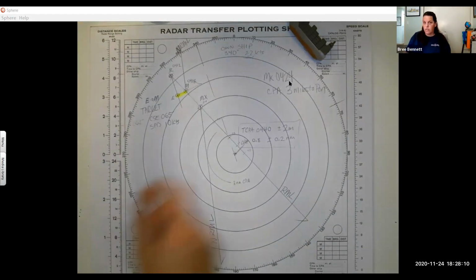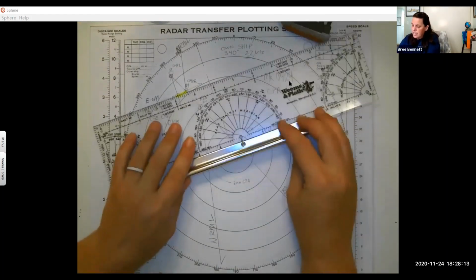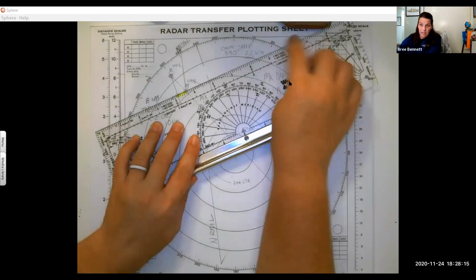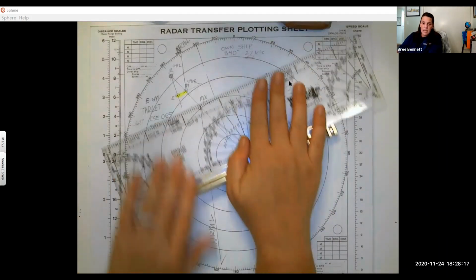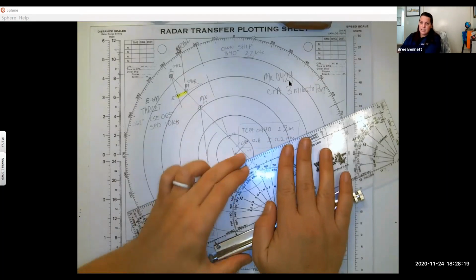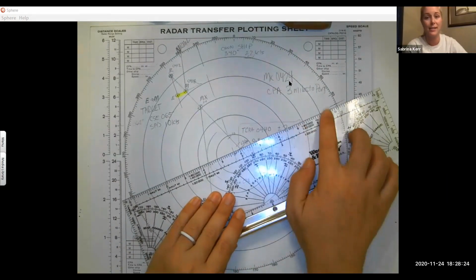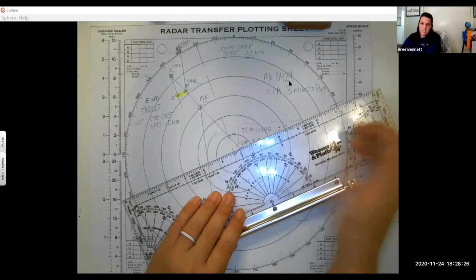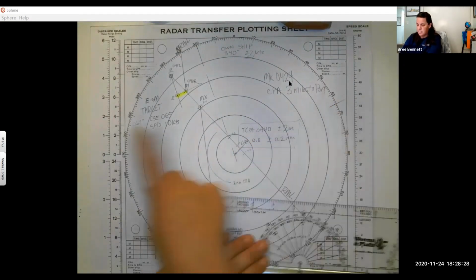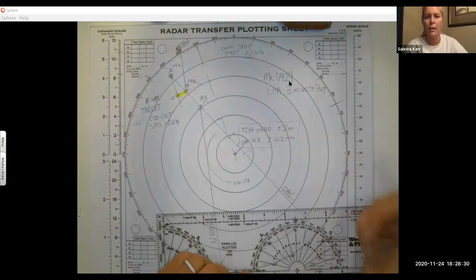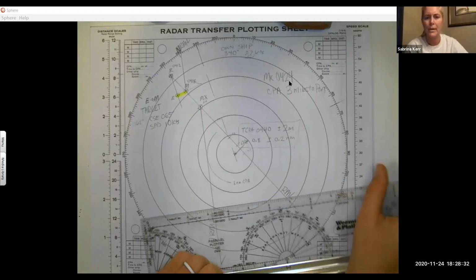But if you just connect the two, they cross up here, right? We always have to measure a line by bringing it back to the center. Oh yeah, and that's where I got 071, but okay. I got 65, 62, somebody else got 70, that's fine.